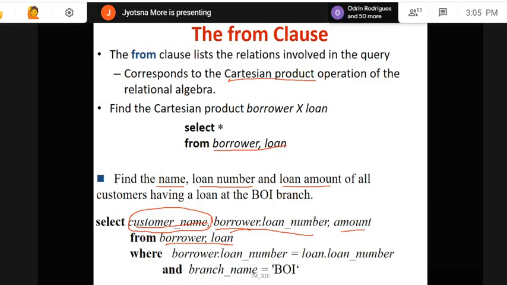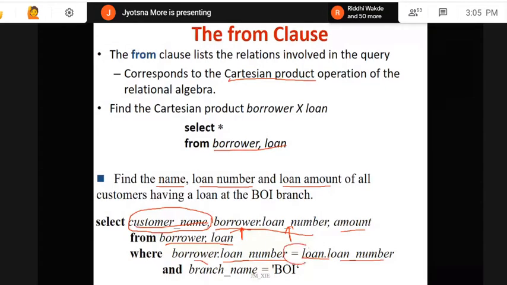Anyone you can select. If you specify borrower.customer name, loan.amount, no problem at all. But I have not made it complicated, just to understand how to use a table with the attribute name, so I have added it for borrower.loan number. From the table names, the common attribute, loan number from borrower, should be the same as loan number from loan table.